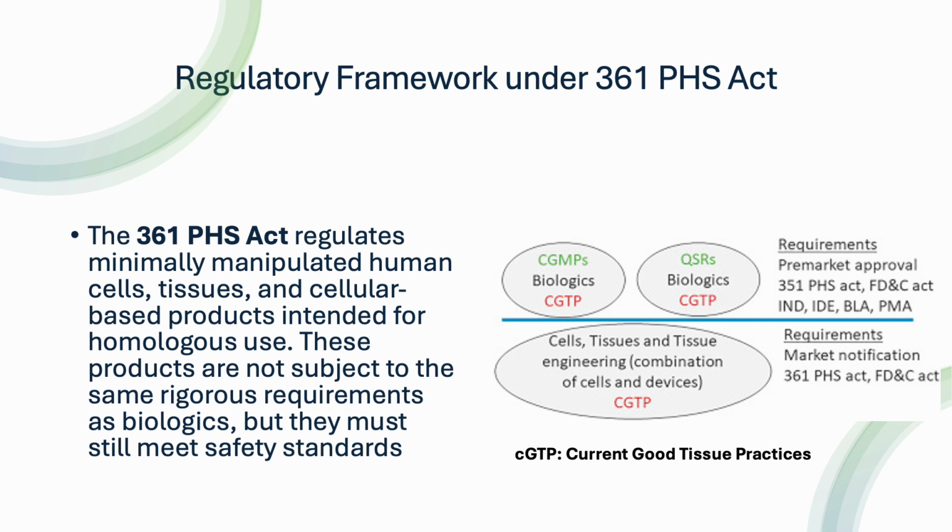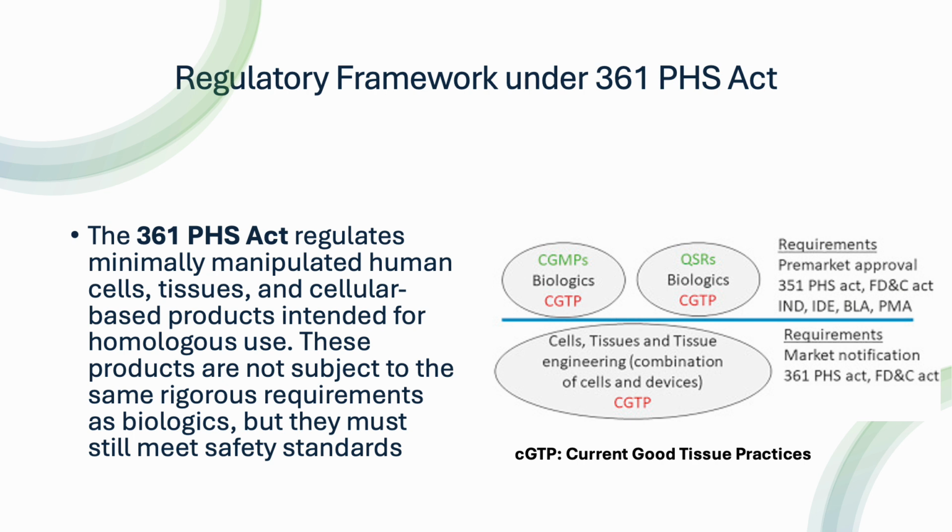So what you can see underneath, in the picture on the right side, is the CGTP. This is the abbreviation standing for Current Good Tissue Practices. Like current good clinical practice and current good manufacturing practice, we also have current good tissue practice.